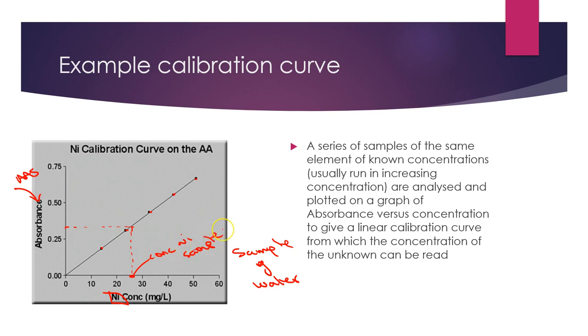Okay, and that is pretty much what we do for all of them. So we're going to take the readings through the machine, plot a linear calibration curve, and then take the reading for our unknown and see what it turns out to be concentration-wise from the graph. So in all of these, we need to be able to plot a graph.